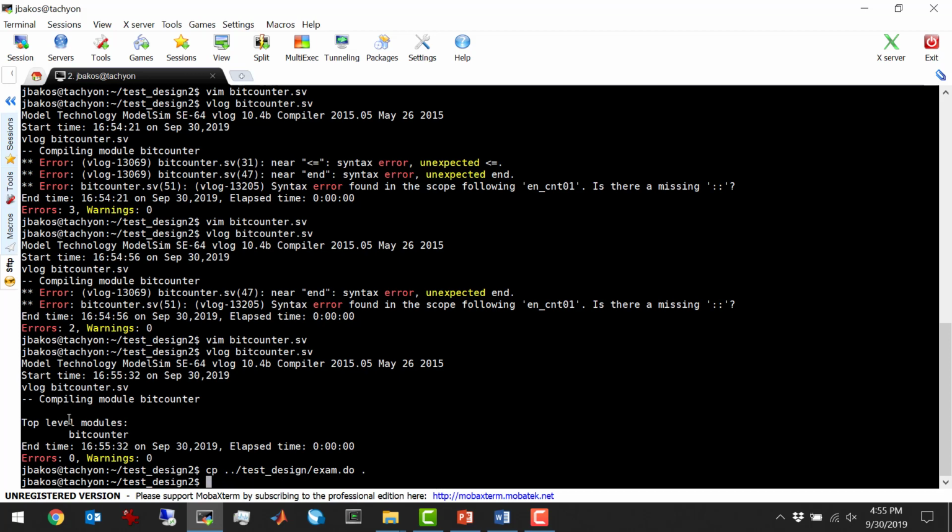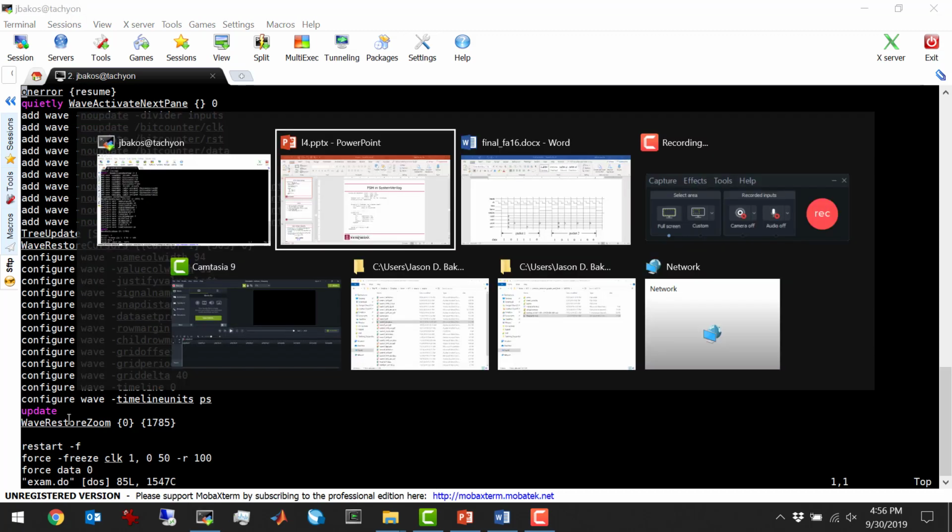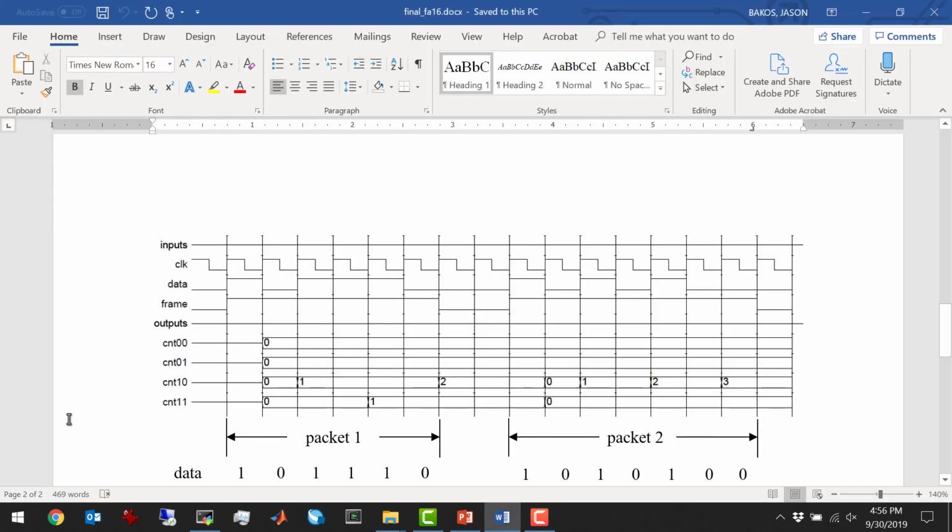This do file, by the way, is just a script for ModelSim. This one starts out by setting up the waveform window for everybody, so that way you could run the do file and directly compare what you got with that. So if everything worked, you should get exactly what's shown on here.